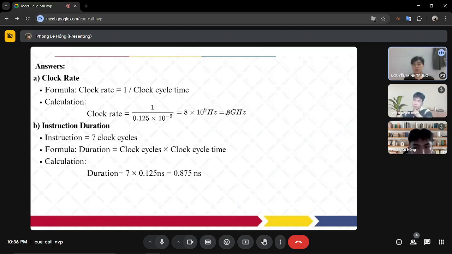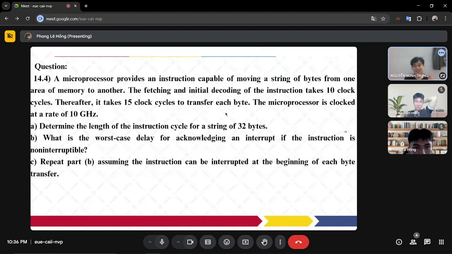Formula: duration equals 7 times the clock cycle time. Calculating the duration gives the result.